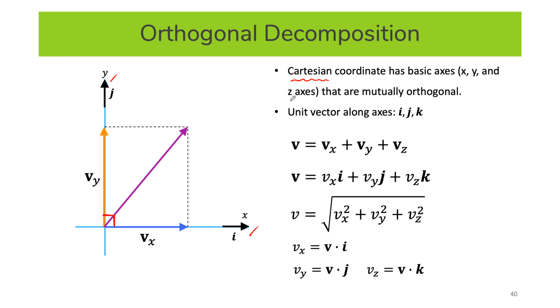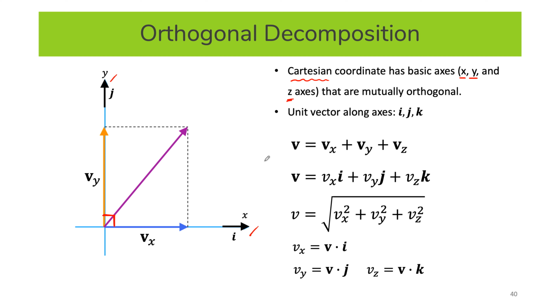In 3 dimensions, we also have the z-axis, which is perpendicular to both the x-axis and the y-axis. And in this case, the z-axis is perpendicular to your monitor right here. So let's focus on the two-dimensional space first.